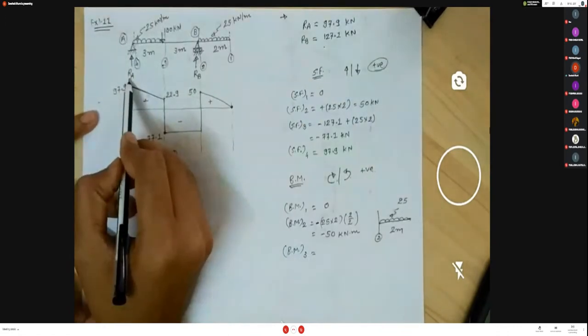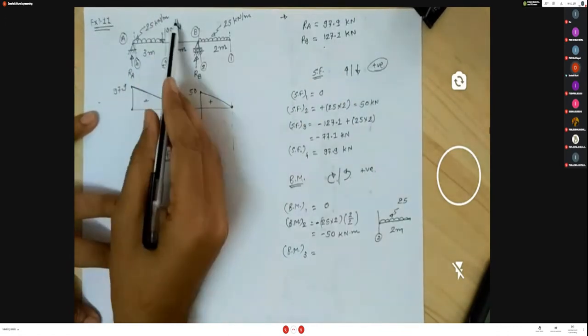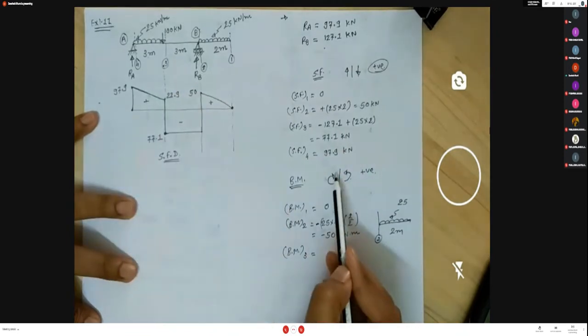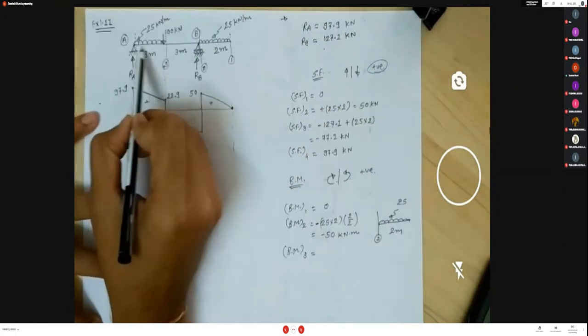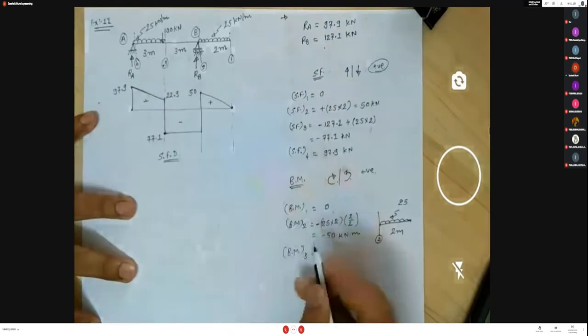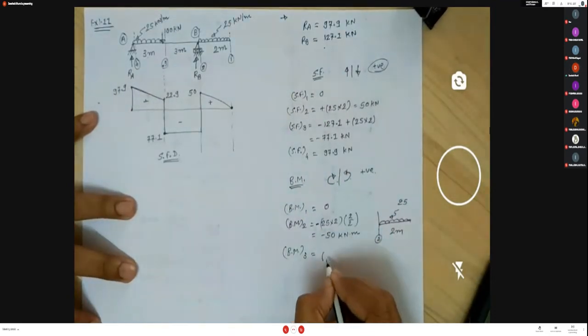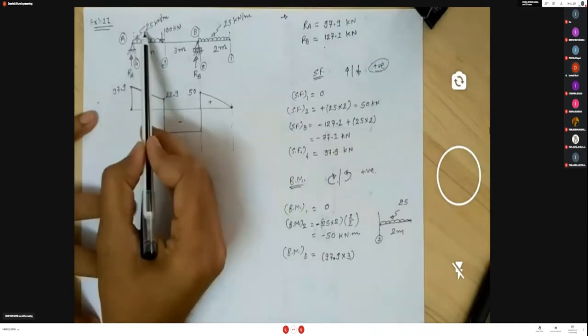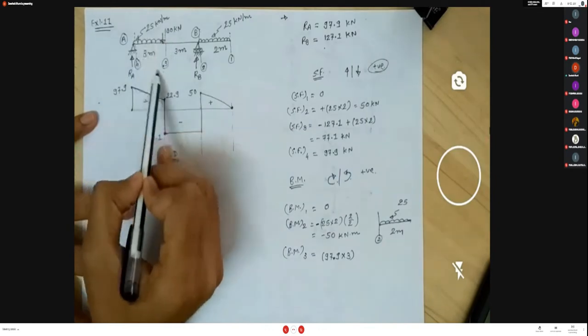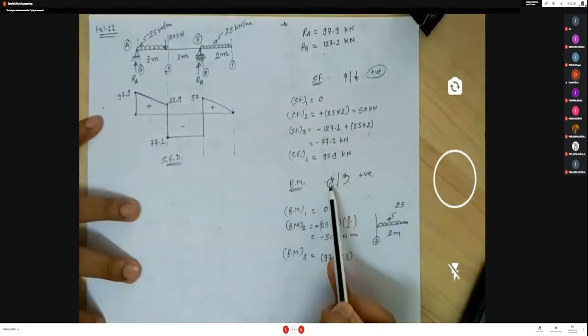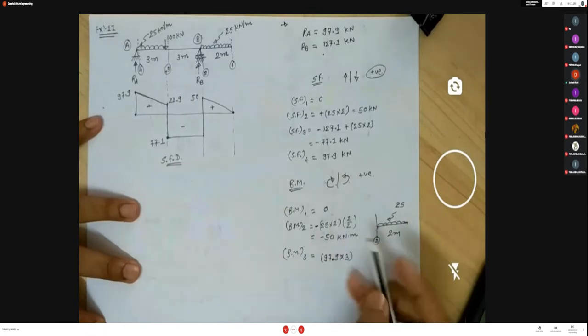So left hand side, this reaction RA produces a clockwise moment about section 3, and on the left hand side sign convention, clockwise is positive. So this reaction value is 97.9 and the perpendicular distance is 3 meter. So reaction into distance, clockwise moment, 97.9 into 3. Another moment is from this UDL, 25 kilonewton for a 3 meter span, and that is in anti-clockwise direction, and our sign convention from the left hand side is anti-clockwise negative.